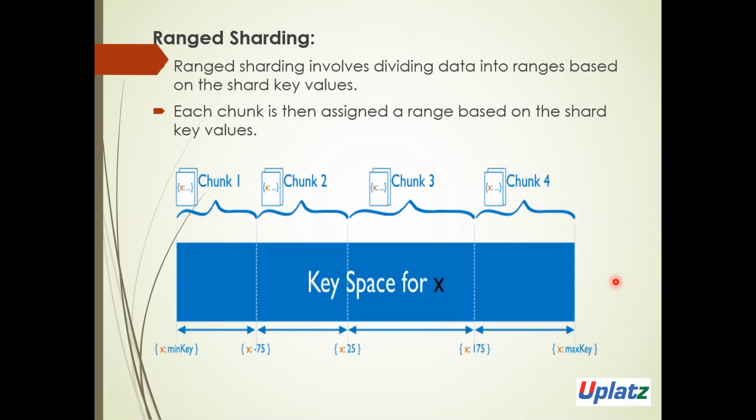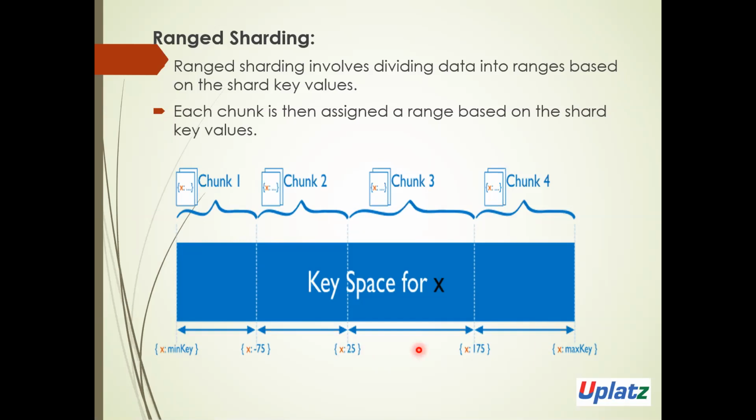Each chunk is assigned a range based on the shard key values, from minimum to maximum. For the maximum, I have 175. So these are my values based on the key, and my chunks are distributed based on those shard key values.